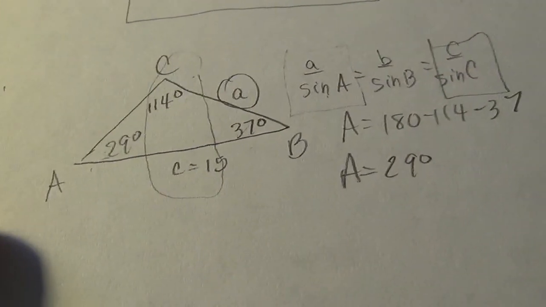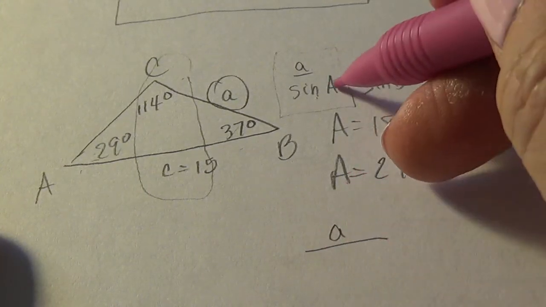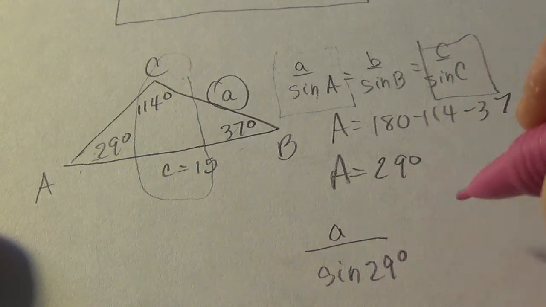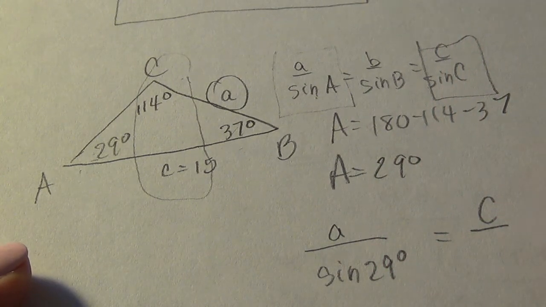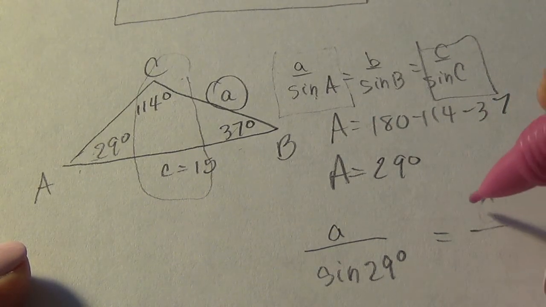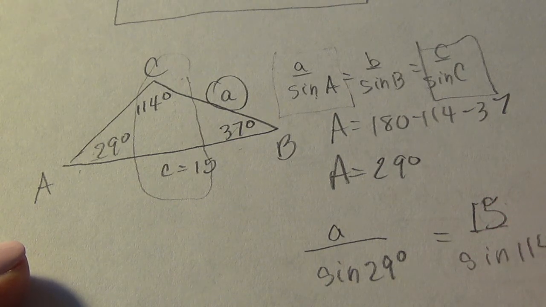Setting those equal, I get little a, unknown, but that's what I'm looking for, over sine of 29 equals little c, which I know, 15, over sine of 114.